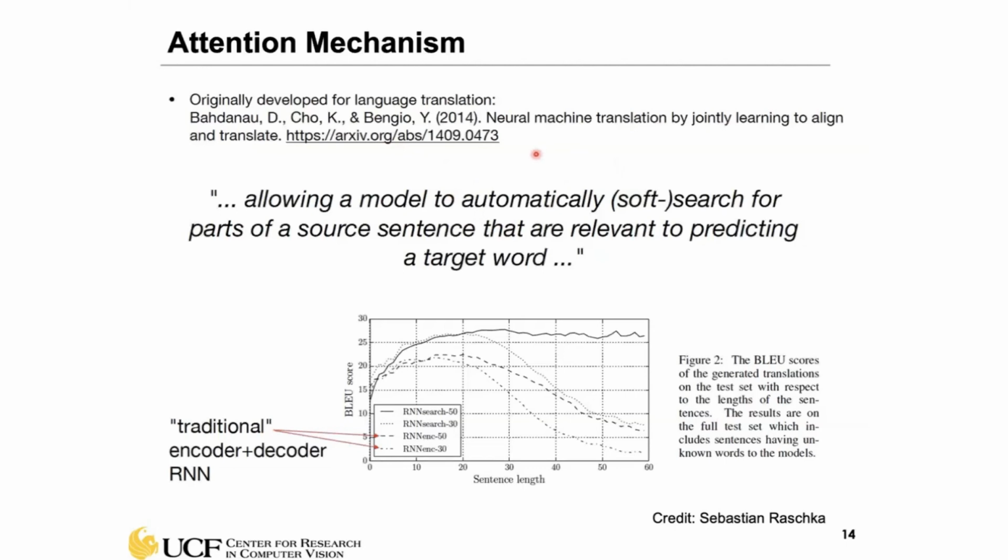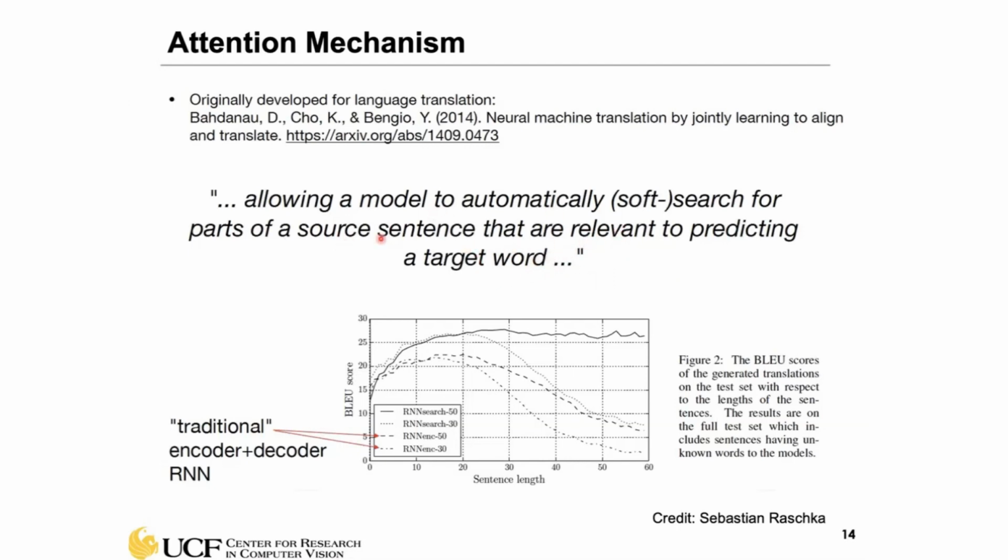This is maybe the first paper that described the attention mechanism technique. The idea is that it allows a model to automatically search for parts of a source sentence that are relevant to predict a target word.